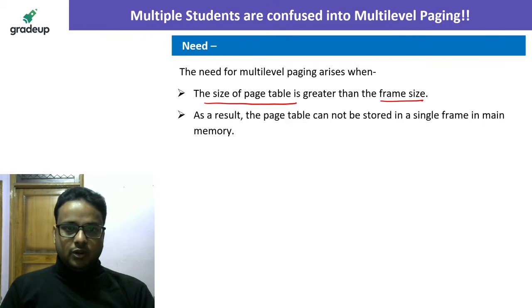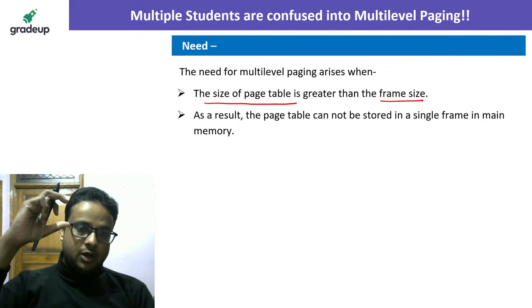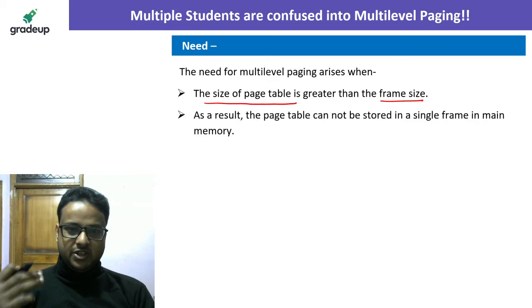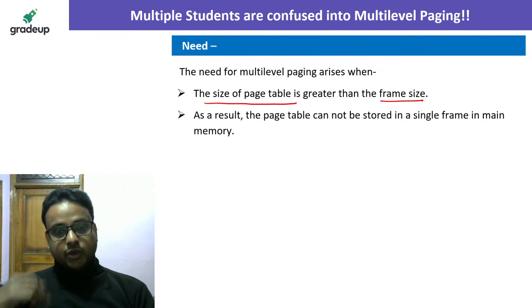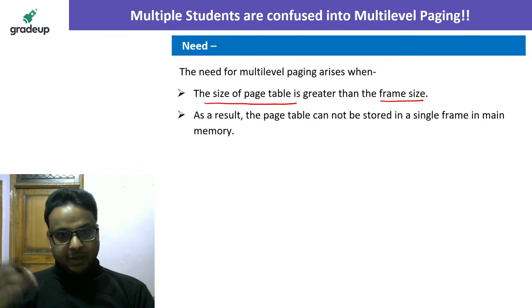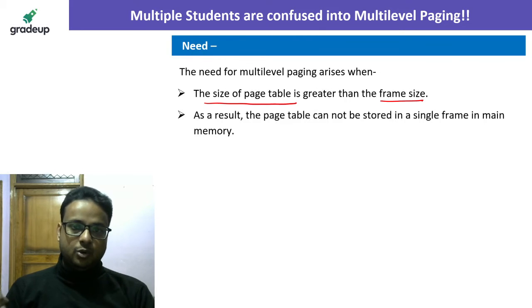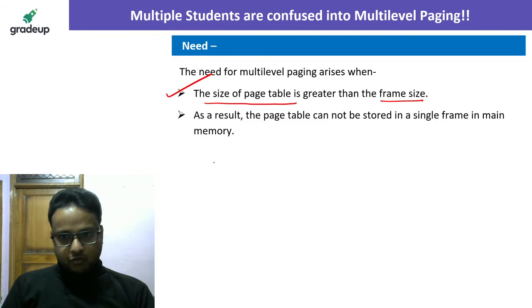So what you have to do is divide your page table into 4 KB pages, and for storing these pages of the page table, you need one more page table. The size of the page table is so huge, that is one reason.